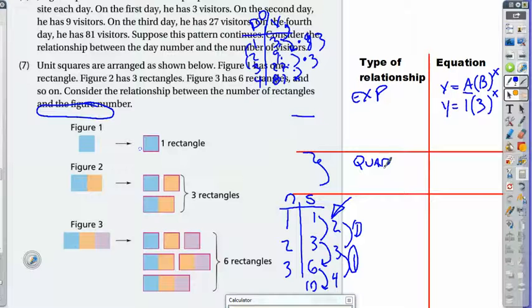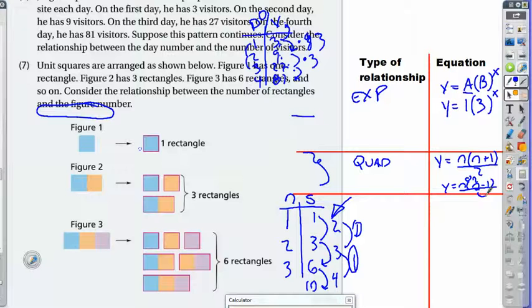The triangular number equation is going to be written as y is equal to n times n plus 1 divided by 2, or y is equal to n times n minus 1 divided by 2.